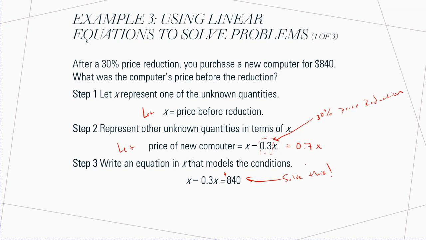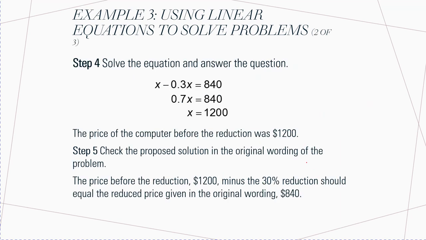So in the next slide, when I go to solve this, X minus 0.3X is just 0.7X. And then you're going to divide both sides by 0.7. And when you do, boom, you get $1,200. So the price of the computer before the reduction was $1,200.